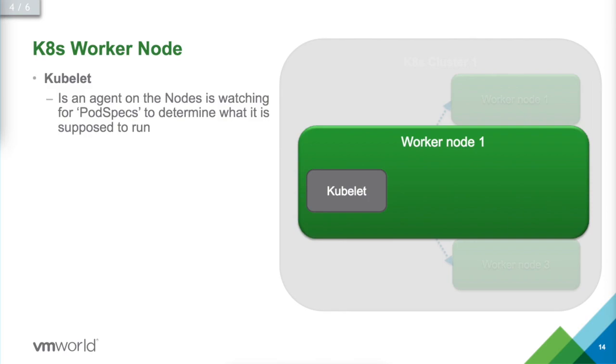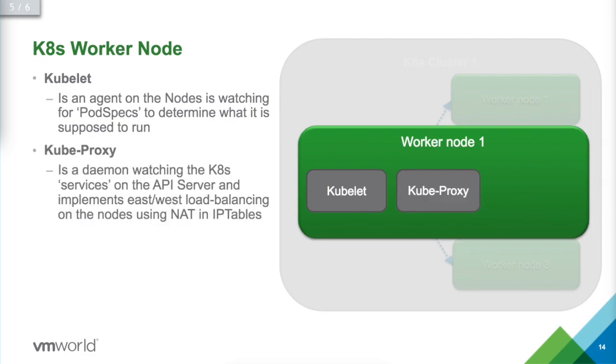It is constantly watching for pod spec instructions to determine what it is supposed to run. Based on the order initiated by the scheduler component on master node, the request will flow through the API server down to the kubelet on the worker node. Kubelet will then execute and schedule the required pod on the local worker node.